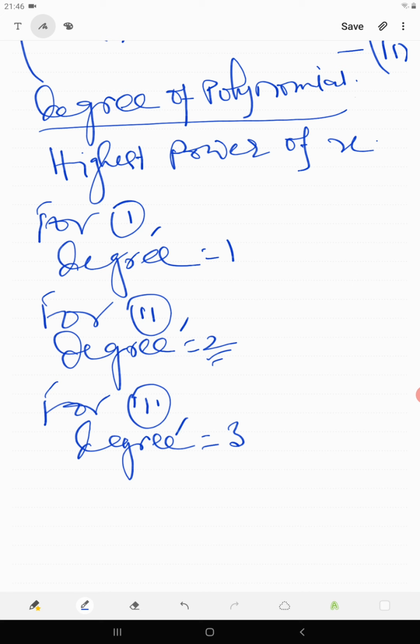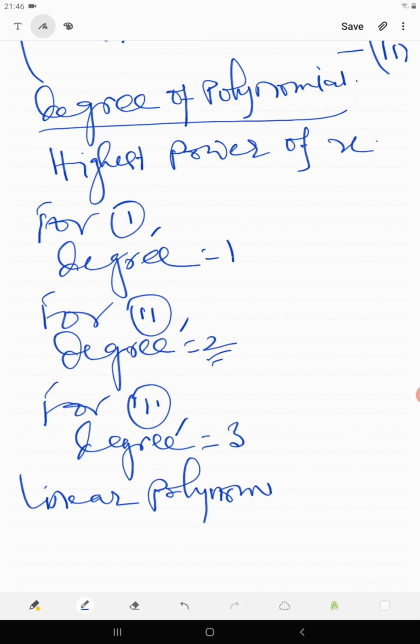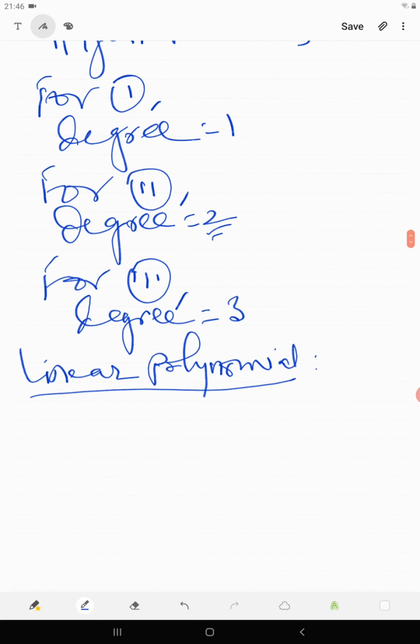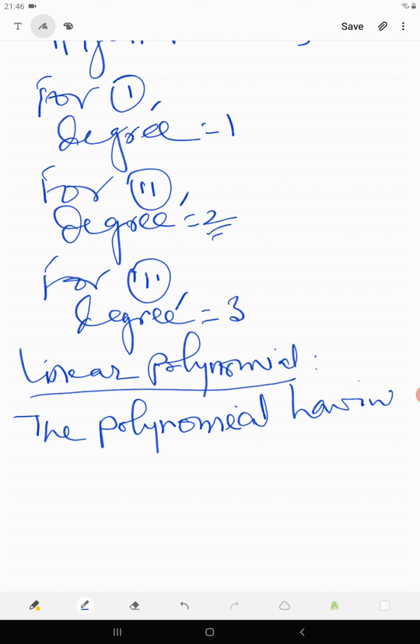So when a polynomial has degree 1, then such a polynomial is called a linear polynomial. What did I tell? Linear polynomials are the polynomials having degree 1.